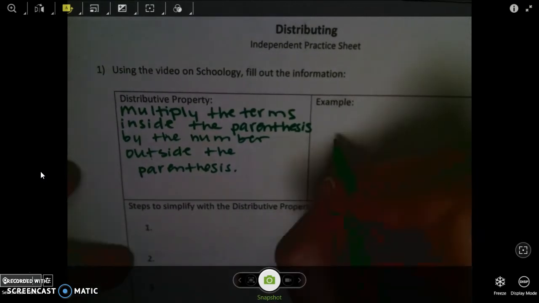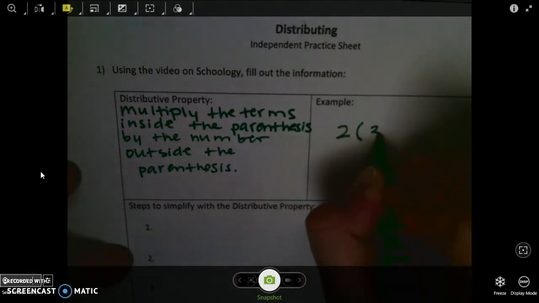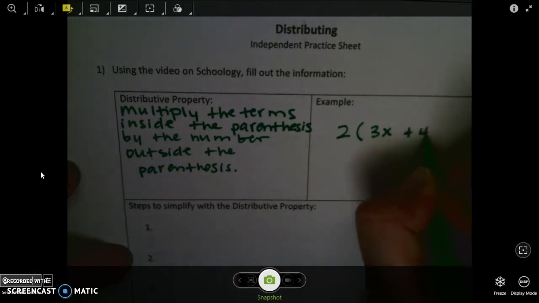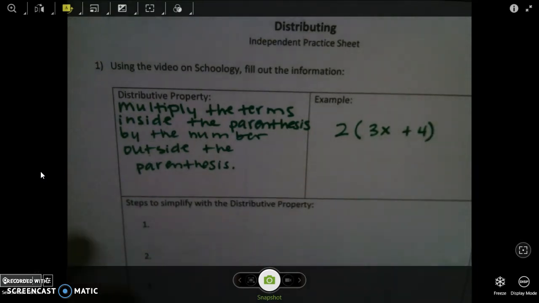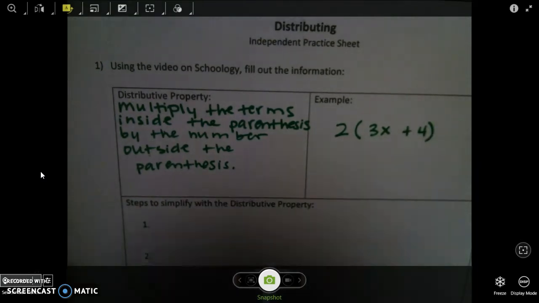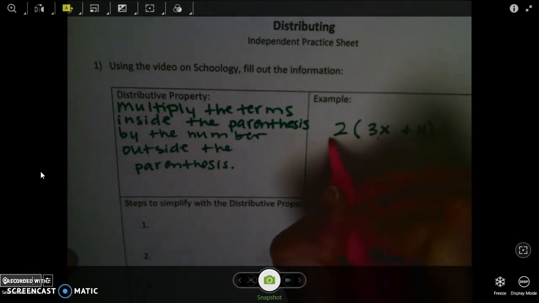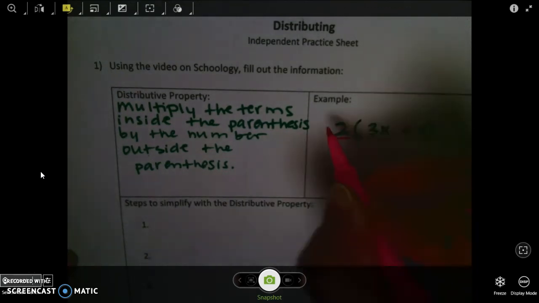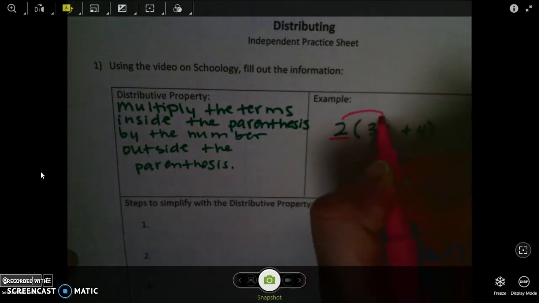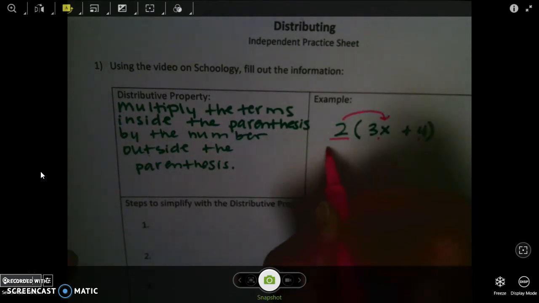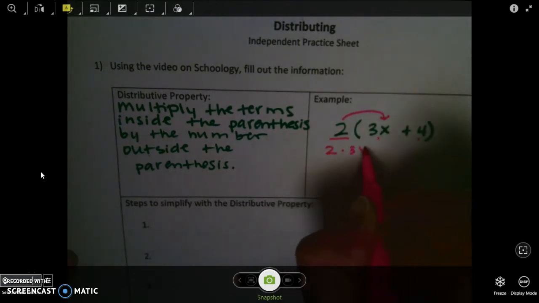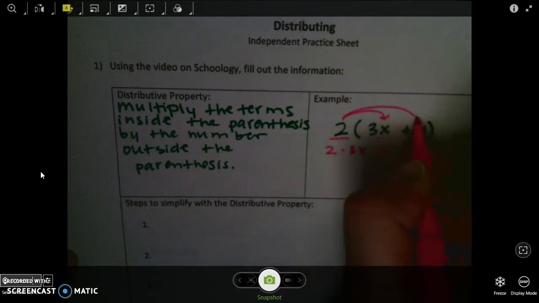An example of the distributive property would be something like this: 2, and then in parentheses, 3x plus 4. The distributive property is saying that we're going to multiply 3x and 4 by the number outside the parentheses, which is the 2. So we're going to do 2 times 3x, and we're going to do 2 times 4.